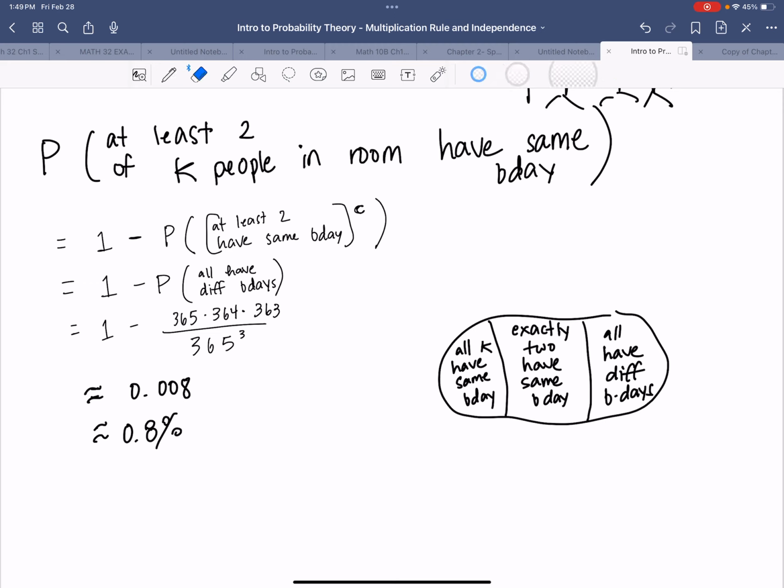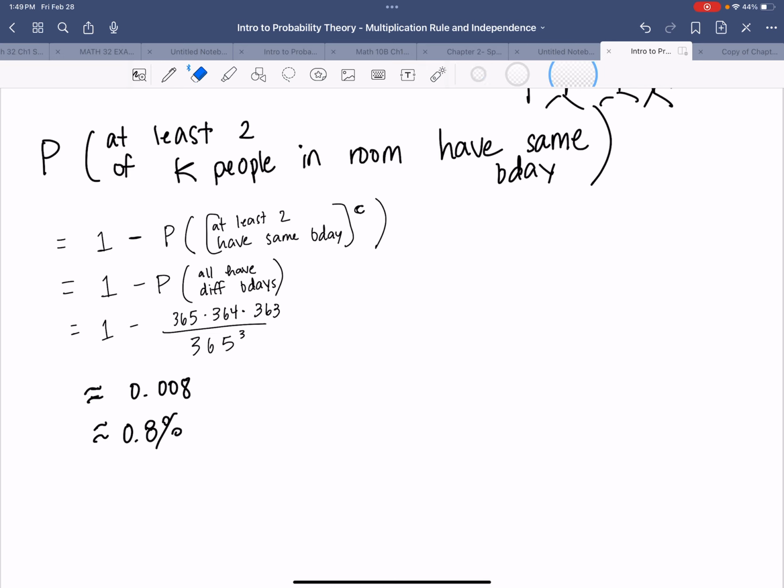Maybe k minus 1 of them have the same birthday. k minus 2 have the same, k minus 3 have the same, right? Exactly, k minus 4 have the same. So I can organize the possibilities by the number of people that have the same birthday, right?